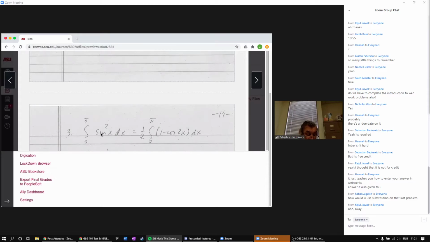Sometimes you will need sum or difference formulas. You may need product to sum formulas or sum to product formulas. So there are a lot of formulas. I will be introducing those formulas when the need for them arises, so not all of them at the same time, but one by one. So let me now go to the whiteboard.